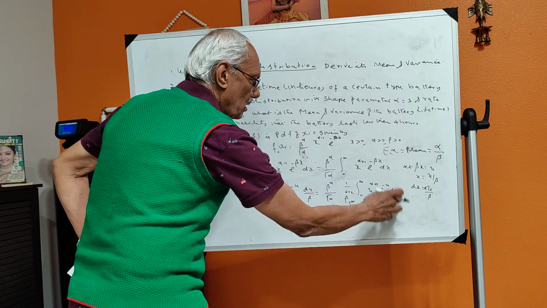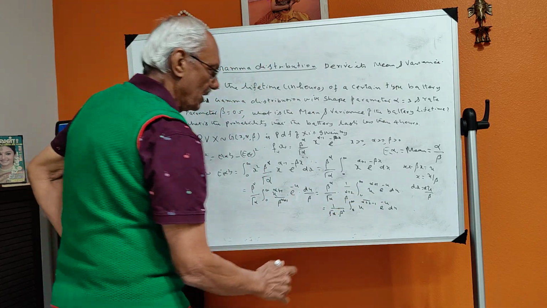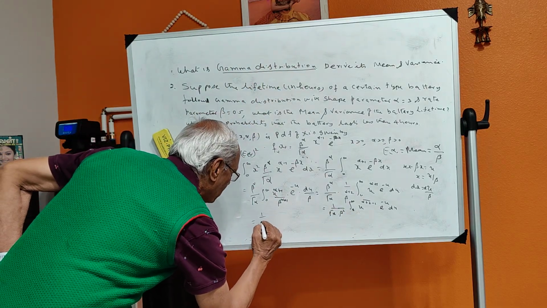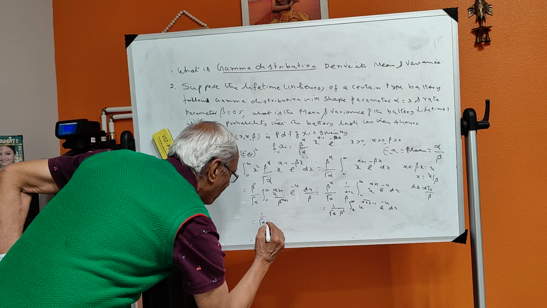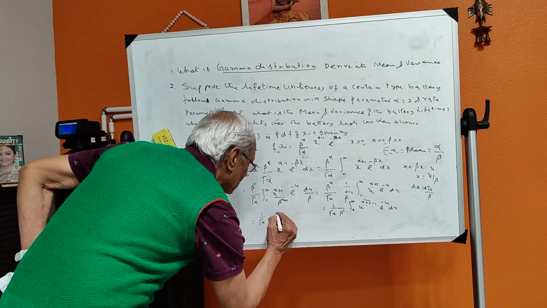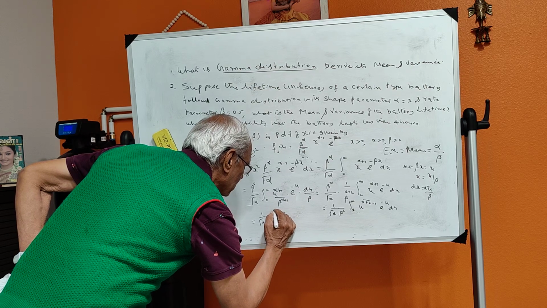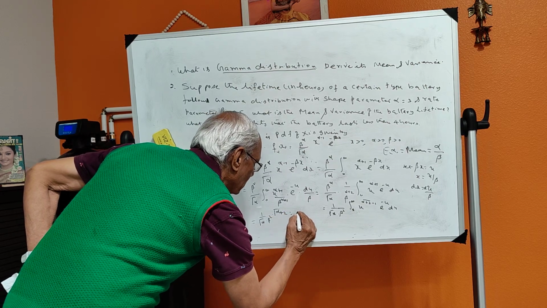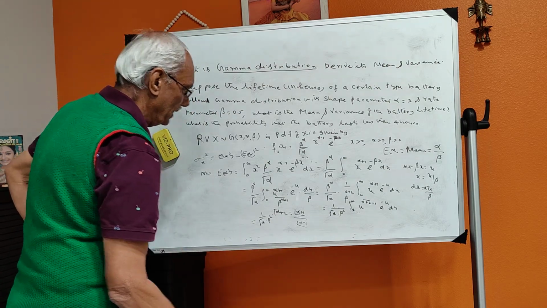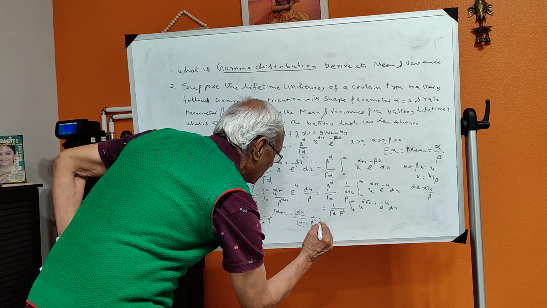This is nothing but our gamma function, gamma of alpha plus 2. So this is equal to 1 by gamma of alpha into beta square into gamma of alpha plus 2. So this is alpha plus 1 factorial divided by alpha minus 1 factorial, into 1 by beta square.